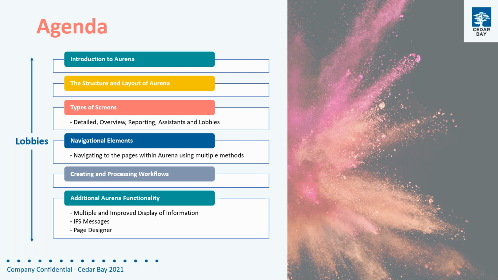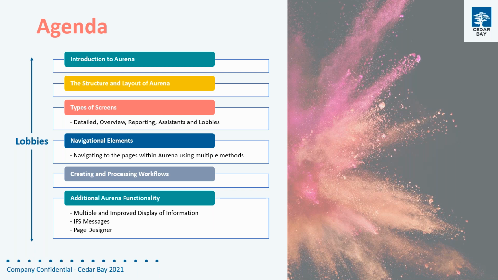Then we'll cover a few of the different screens, the detail screens and view screens, and a few other elements that you'll pick up in terms of that structure. Then move into navigational elements and workflows. Workflows is much improved from previous versions of IFS. There's a lot of aid there for the user to really enable a company to ensure that the appropriate processes are followed in the right sequence, and you can see that either in a larger process or a much more detailed process.